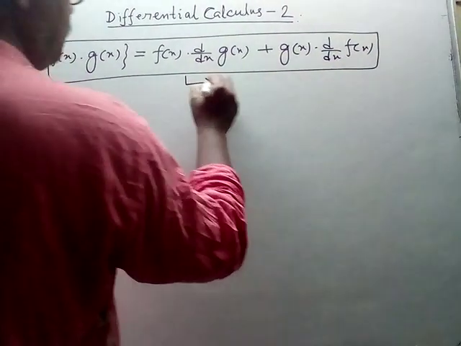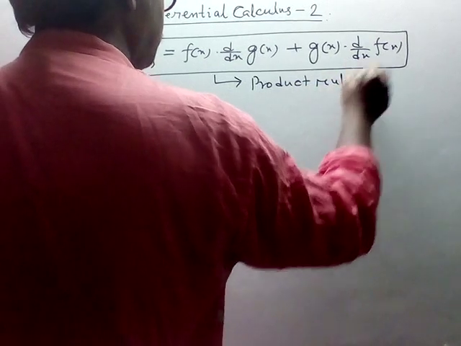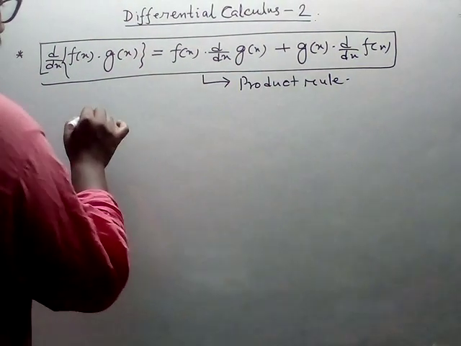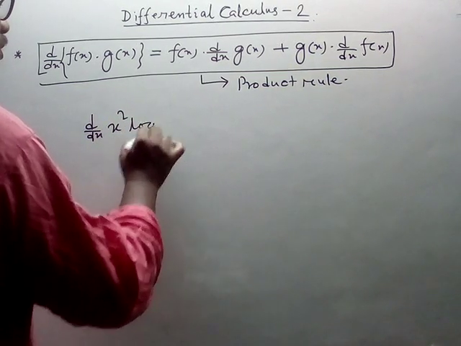This is called the product rule. If we apply this, find d/dx of, suppose, x square log x.